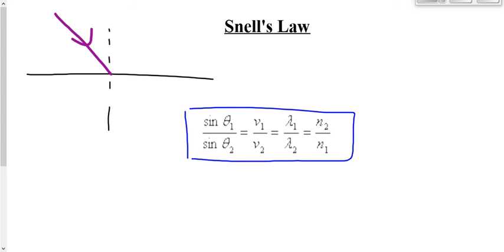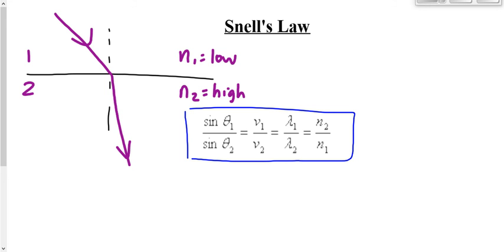That laser enters the new medium and it either slows down or it speeds up, depending upon whether it's going from something like glass to air or air to glass. We're going to call this medium 1 and this medium 2. There is an index of refraction for medium 1 and there's an index of refraction for medium 2. In this case, we know that N2 will be high and N1 will be low.